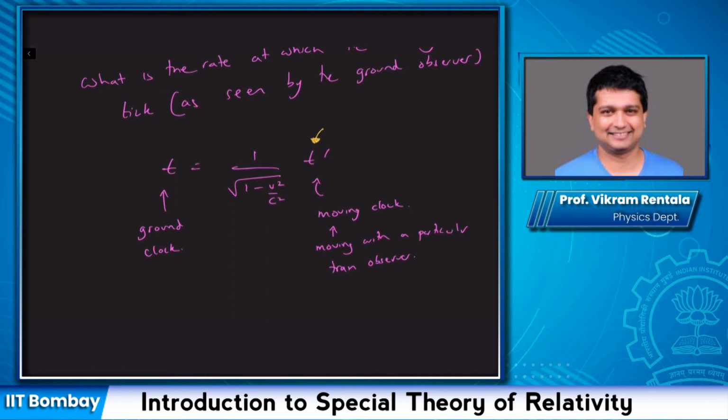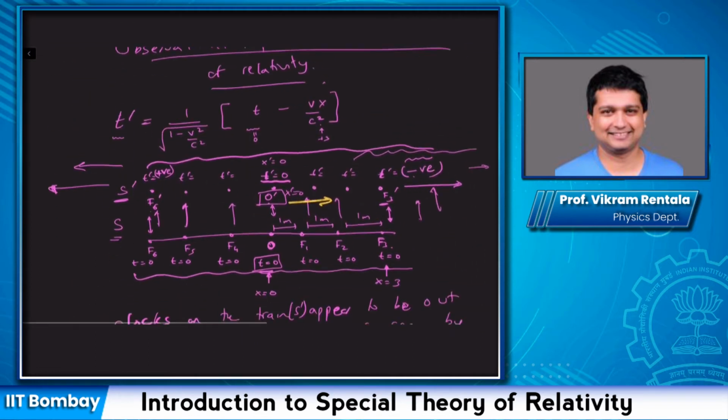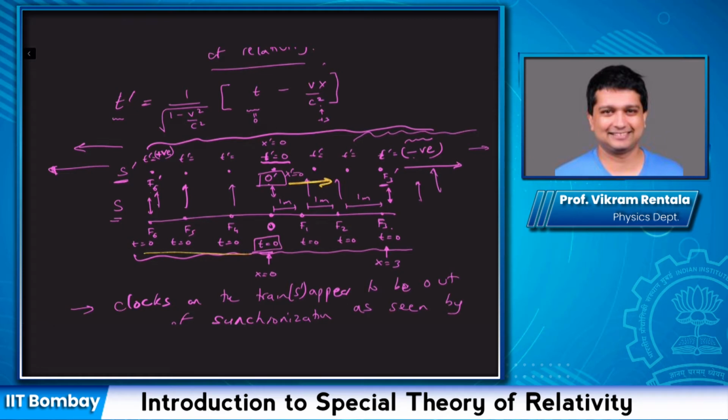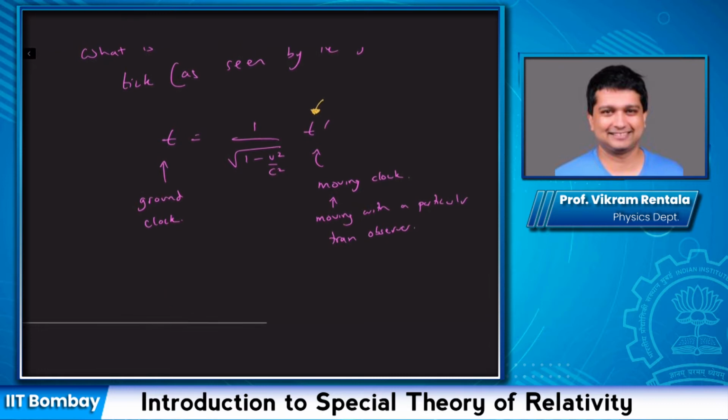Since all the ground observers have synchronized clocks, they can tell you the time at which they passed O prime, and that would also be the value on O's clock, the time t. So this is the time that has ticked on O prime's clock. This is the time that has ticked on any of the ground observers' clocks, since they're all synchronized, but we can say in particular on O's clock.